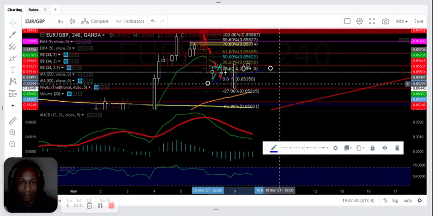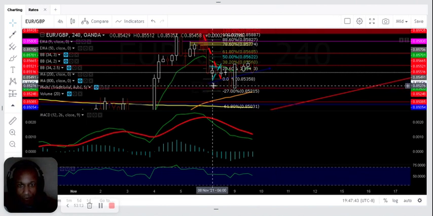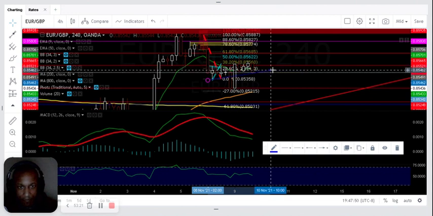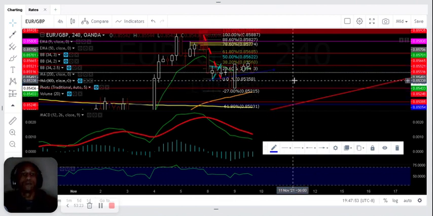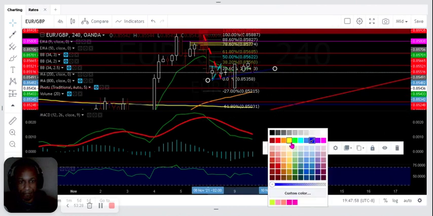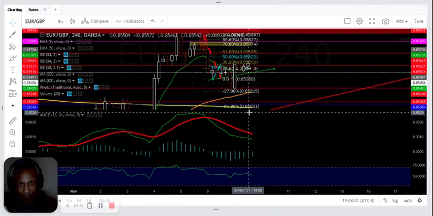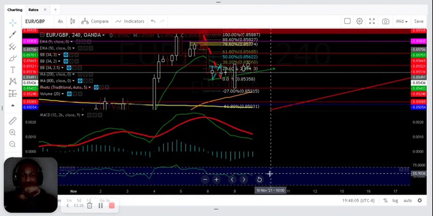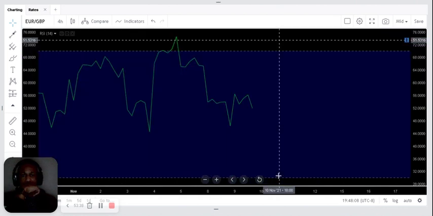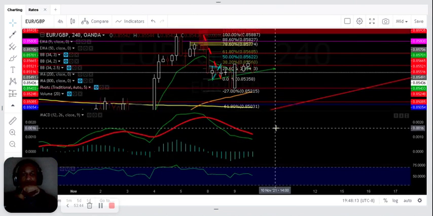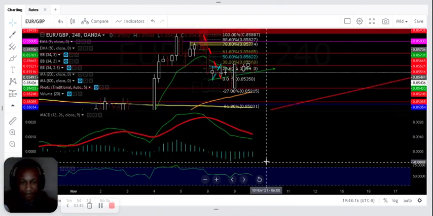Okay, so based on this trend line of the lowest wicks on these candles, label this green. Yeah, it's not divergence on.